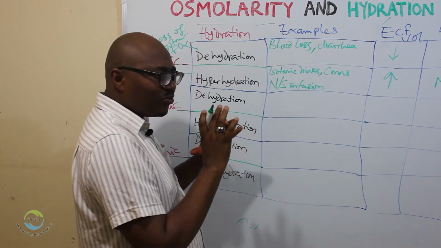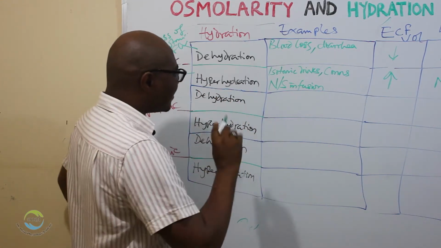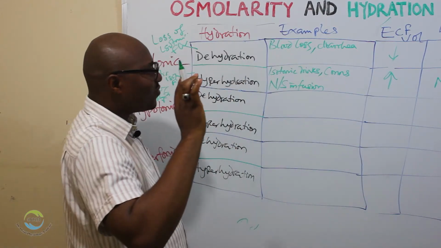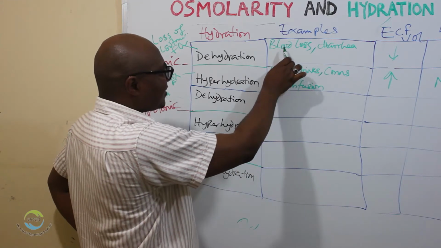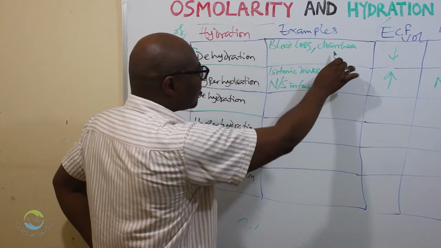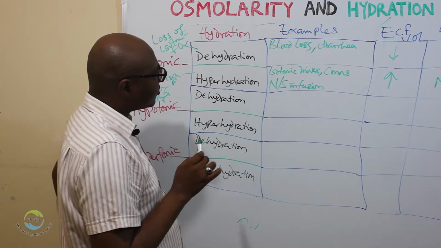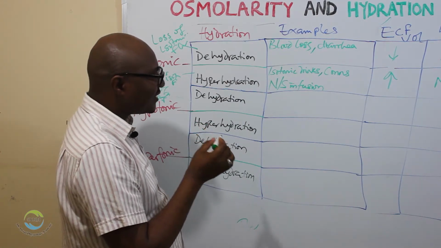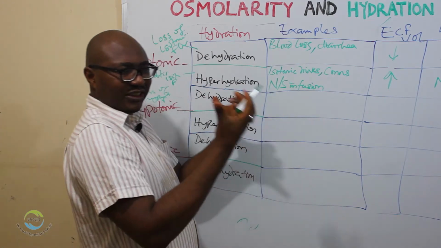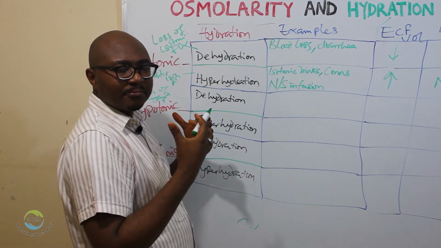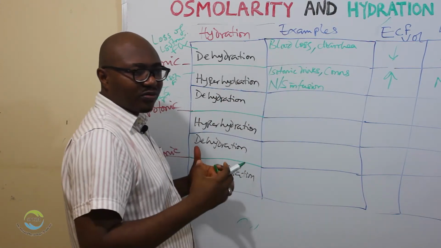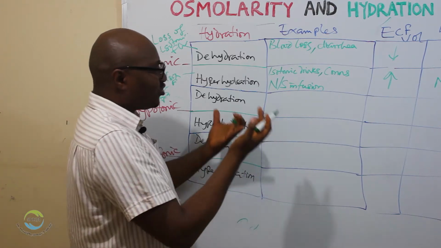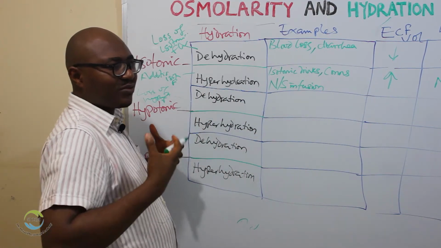But one dicey situation that can cause it is, number one, you lose isotonic fluid like blood loss or diarrhea and so on. Then the next thing that now happens is that you now drink water. Okay? Because when you lose a lot of blood, you get thirsty. So you now drink water to replace what you've lost.